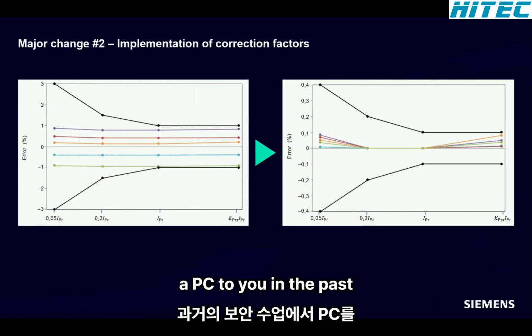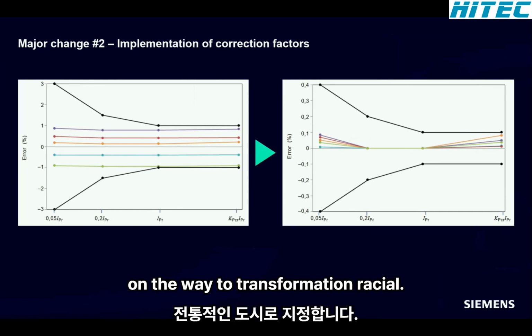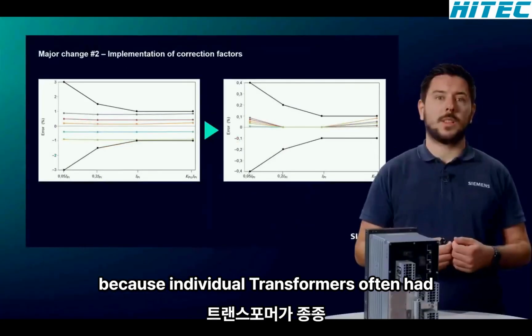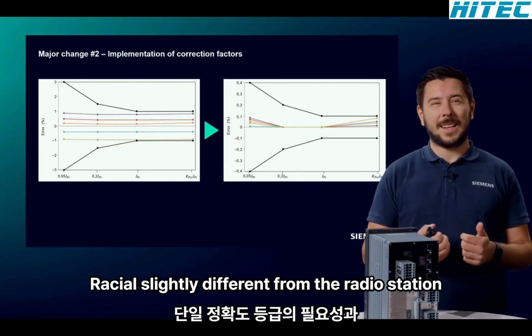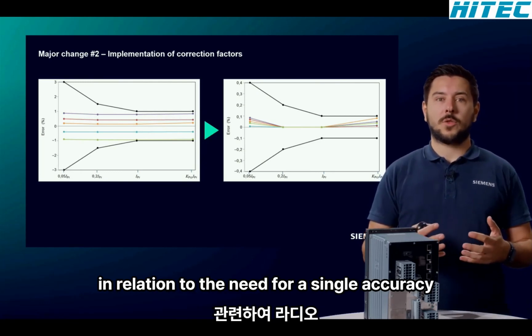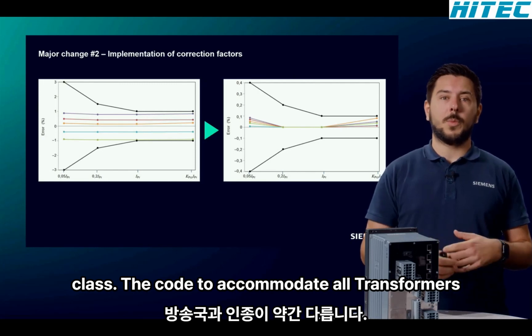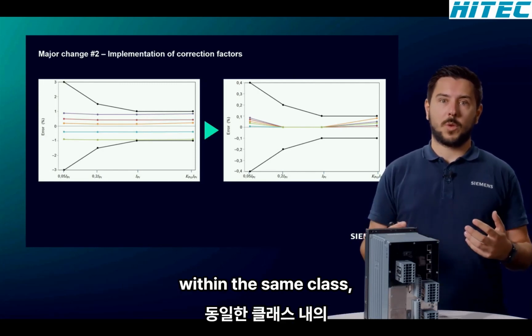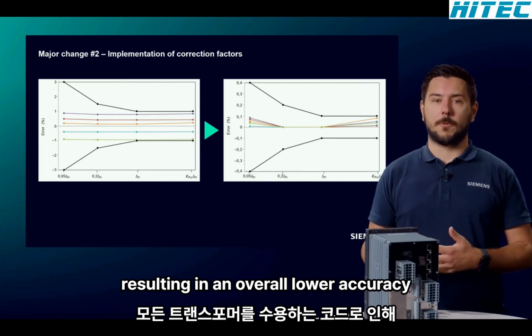In the past, accuracy class designation for conventional CTs was based solely on the rated transformation ratio. This created a challenge because individual transformers often had transformation ratios slightly different from the rated value. This variation in ratios led to the need for a single accuracy class that could accommodate all transformers within the same class, resulting in an overall lower accuracy.